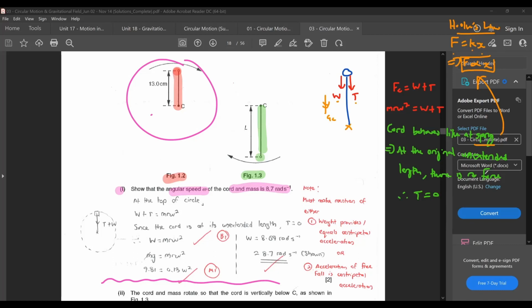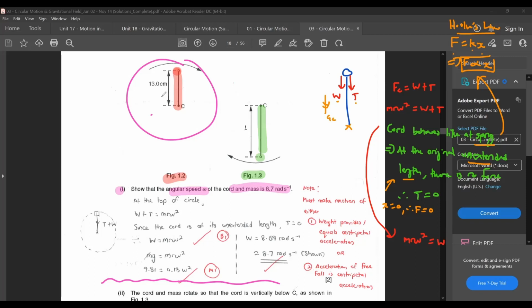If you're at the unextended length, that means your x is 0. Therefore, F is 0. In your case, F here is your tension in the cord, which is also exerted onto your mass. So your original equation will now become mr omega square equals to W only.